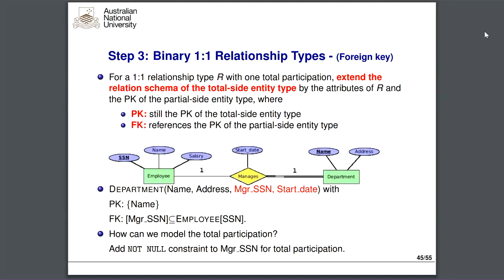In this case, if we have total participation and then partial participation, we always go from the total side of the entity type. The total side, which is the double line. You can consider that the double line has more weight, and you have to potentially pay more attention to it.